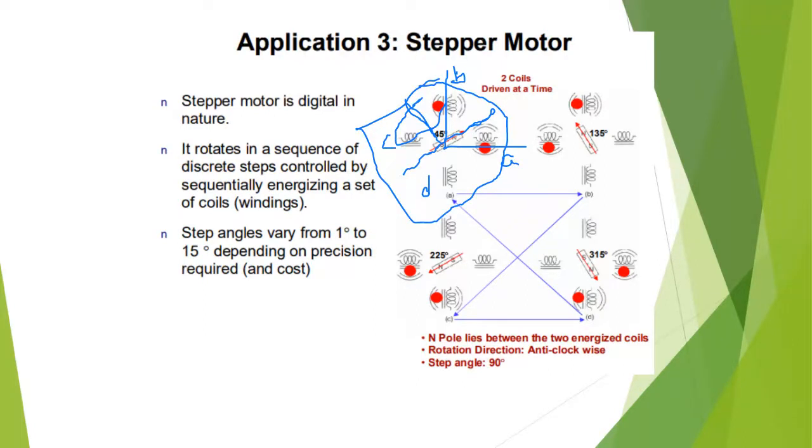Then D and A on, it jumps again. So at the beginning, when A and B are on, it is at 45 degree, with the A phase as the reference phase.